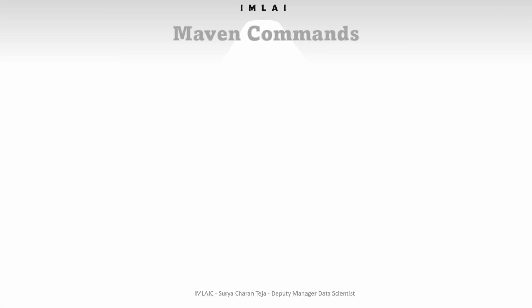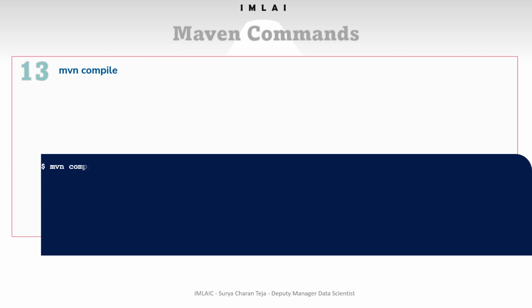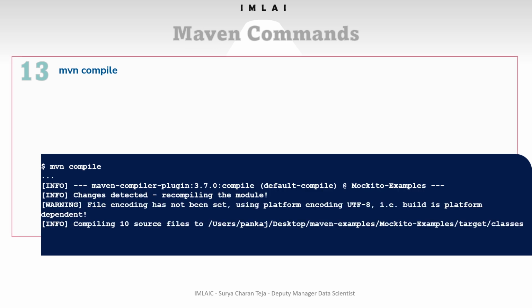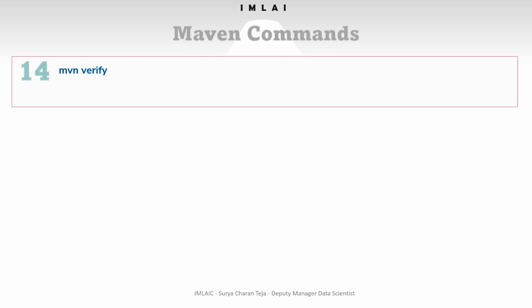Then we have mvn compile. It's used to compile the source Java classes of the project. And mvn verify: this command builds the project, runs all the test cases, and runs any checks on the results of the integration tests to ensure quality criteria are met.